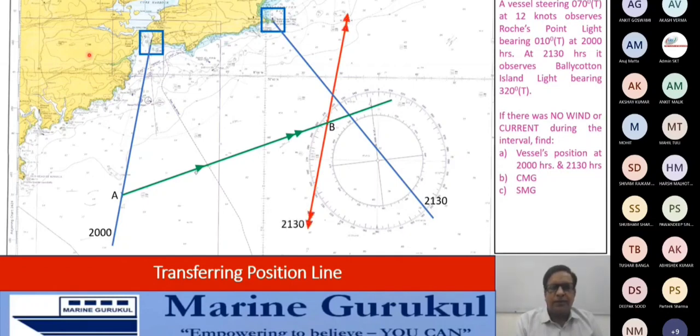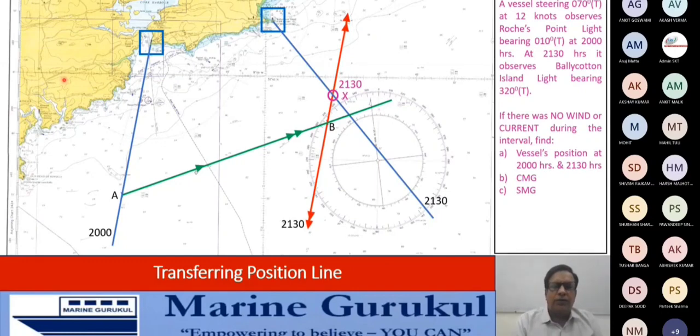You can see time for 2130 indicated against it. So now we have one transferred PL for 2130 and we already have another PL for 2130. Where they intersect, this becomes the vessel's position at 2130. So point X represents the position of the vessel at 2130.